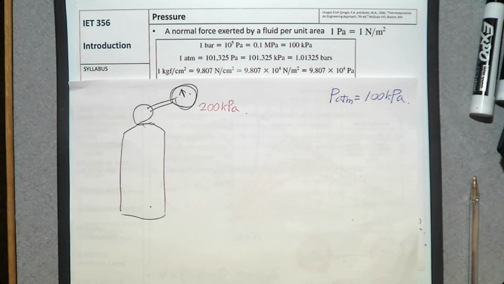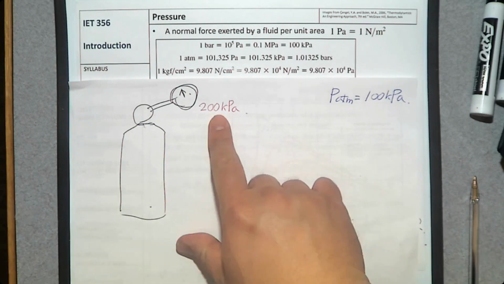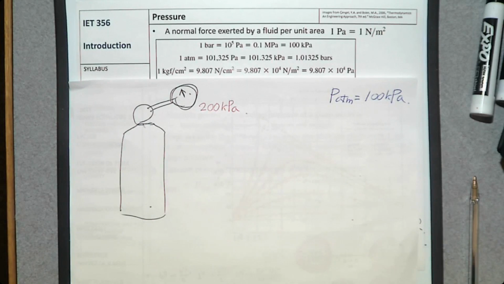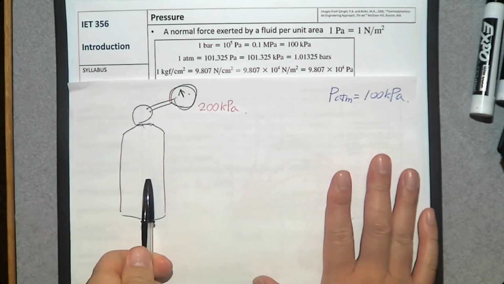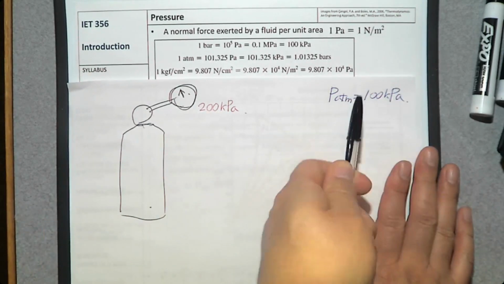The pressure of the gas is not this number. Then what is it? It's a gauge pressure. This gauge can only tell you the difference between the pressure inside the gas and atmospheric pressure. That is called gauge pressure. So when it reads 200 kilopascal, that is the difference between gas pressure and outside atmospheric pressure.